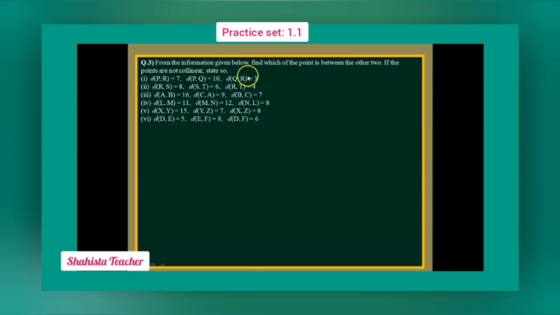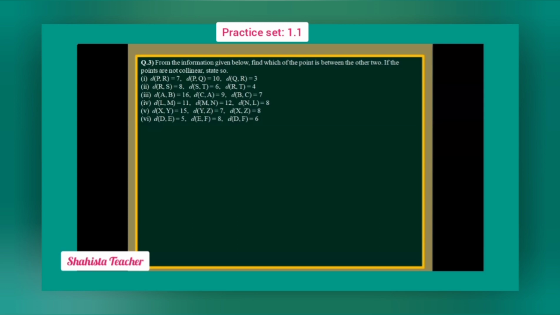So 7 plus 3 is 10. That means it is collinear. Is that clear? And here 6 plus 4 is not 8. That means this is not collinear. If adding two numbers we get exactly the third number, that means it is collinear. If not, it is not collinear.